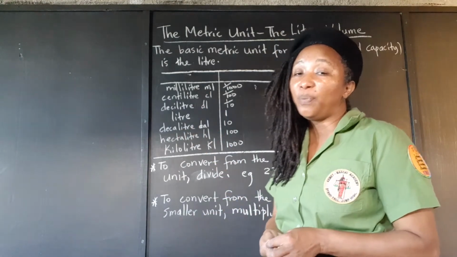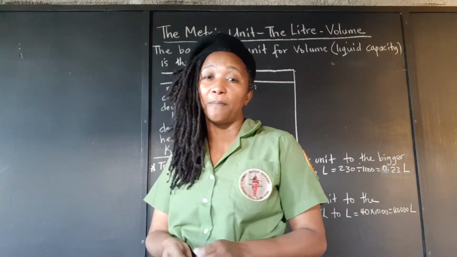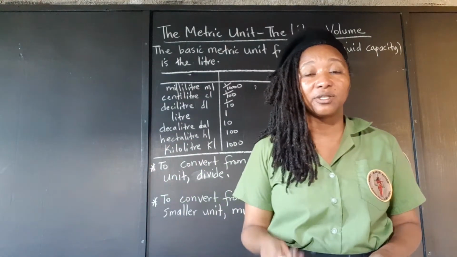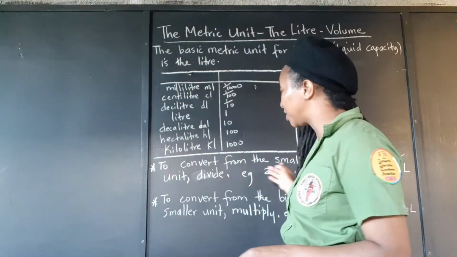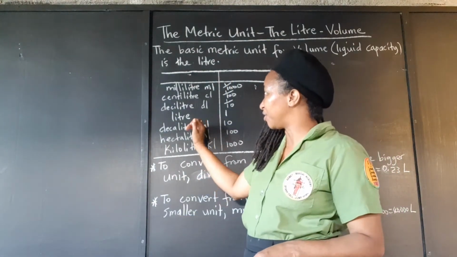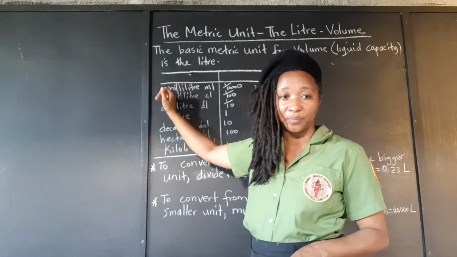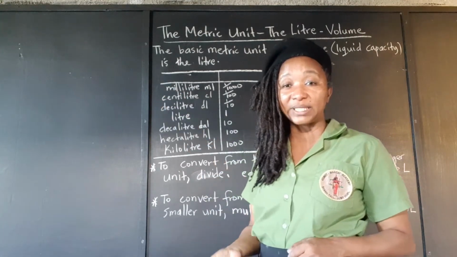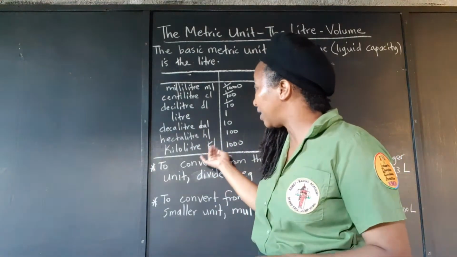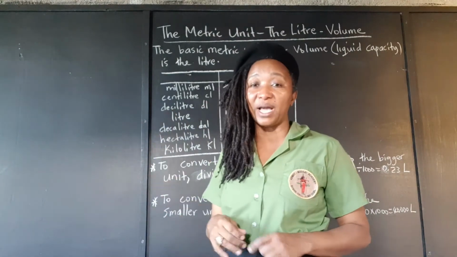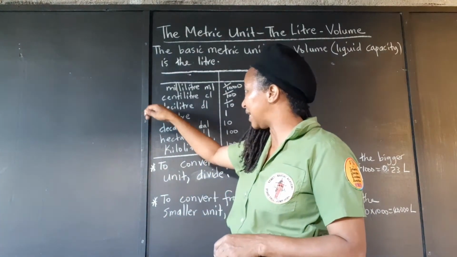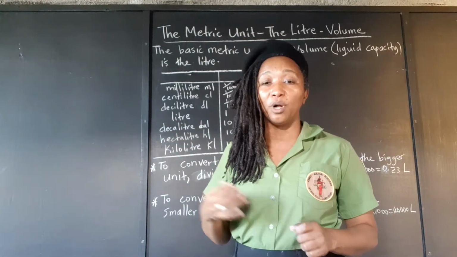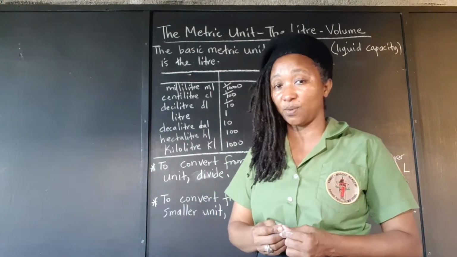If we're going in the opposite direction, changing from the bigger unit to the smaller unit, we would multiply. So if we're changing from liter to milliliters, we would multiply by 1,000. Kiloliter to liter, we'd multiply by 1,000. Decaliter to deciliter, we multiply by 100 and so on.